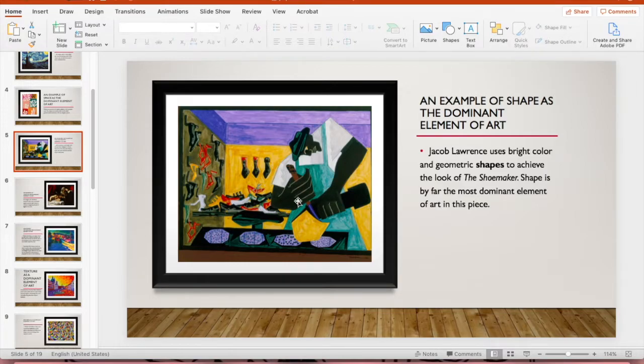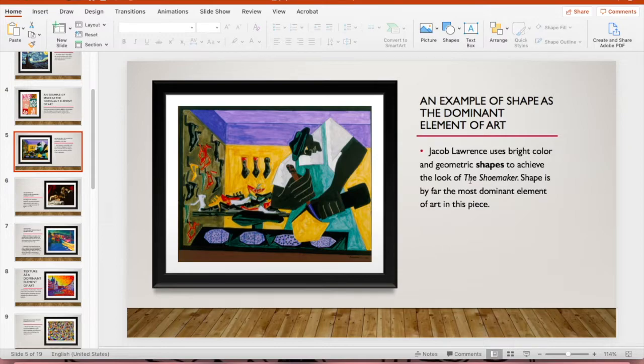And then you might pair it in your next paragraph with scale and proportion, talk about how large the figure is, how large the figure's hands are, and that his hands are probably enlarged to emphasize how important his role is in his job.